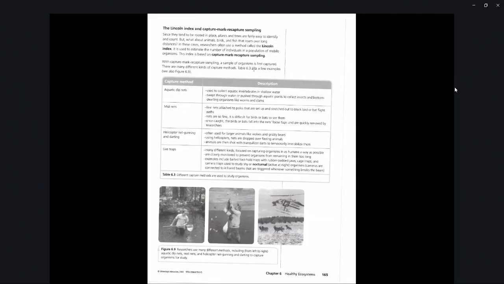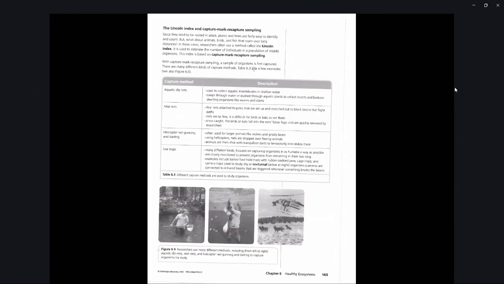And then they fall into the net, and then they're quickly removed by researchers if they're doing passive sampling, and will allow them to be gone as soon as they identify them. And with active, they'll put them in some sort of a cage or something, and then they take them back to be identified and counted, etc.